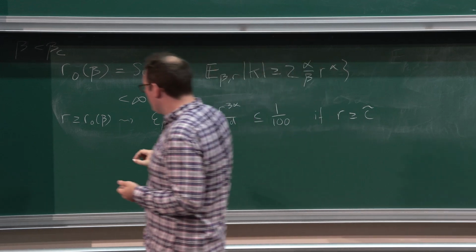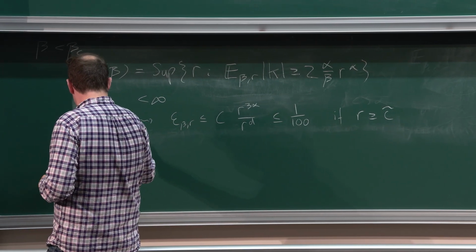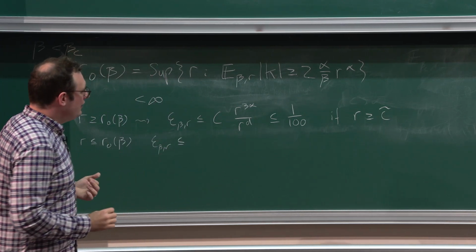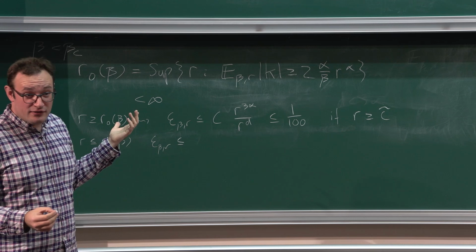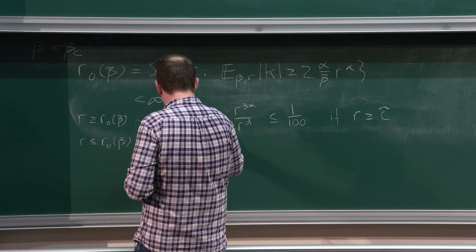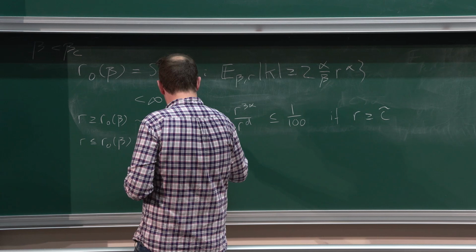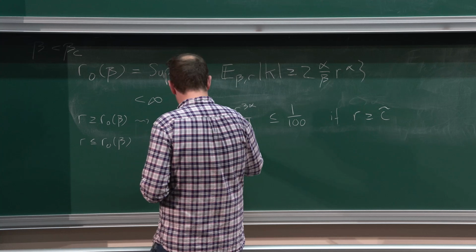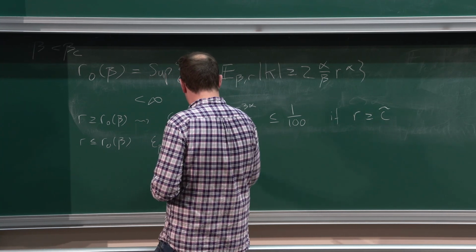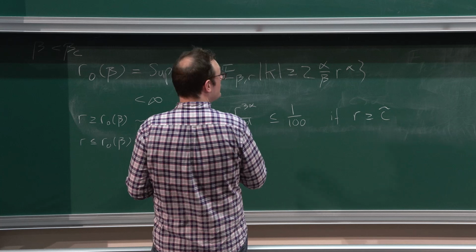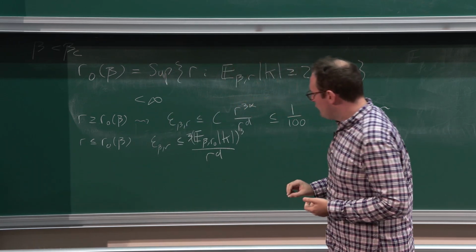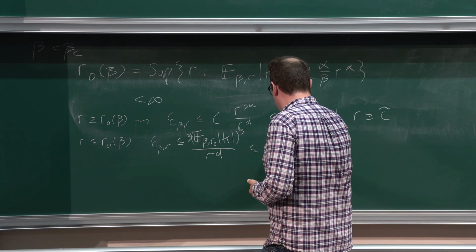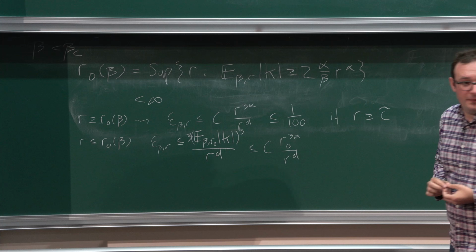But what if r is less than R0? Well, I can bound the error. This numerator is monotone in R, so I can just bound the numerator by the value at R0. So I get some constant times R0 to the 3 alpha over r to the d.